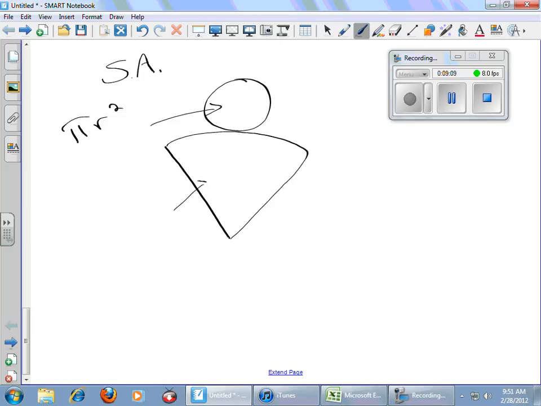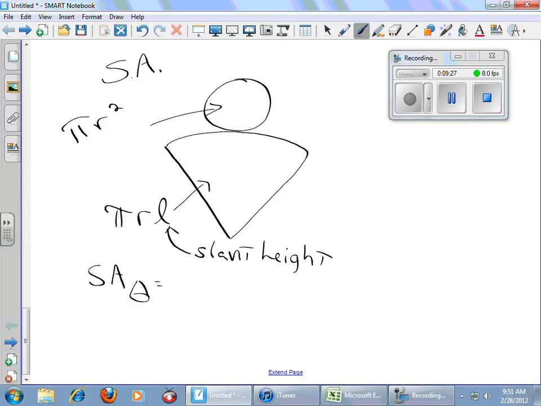But the area of this guy is pi r l. And remember, L is the slant height. Okay, so the shortcut formula that I was singing the other day is that the surface area of a cone is pi r squared plus pi r l.